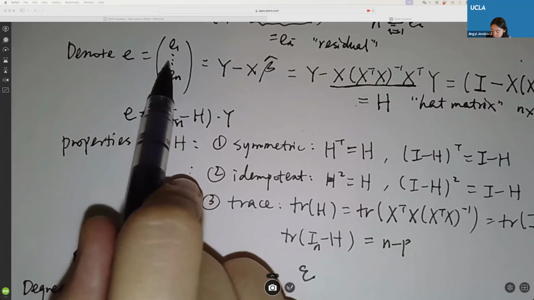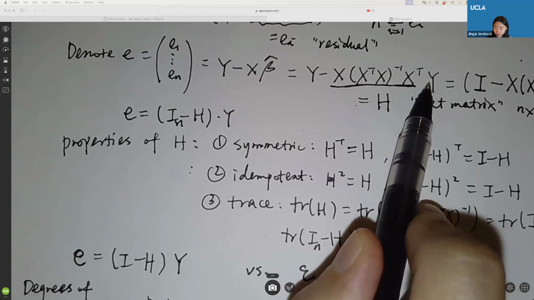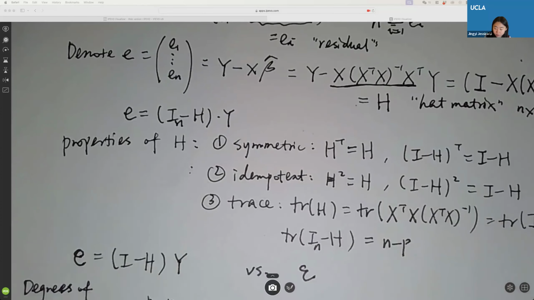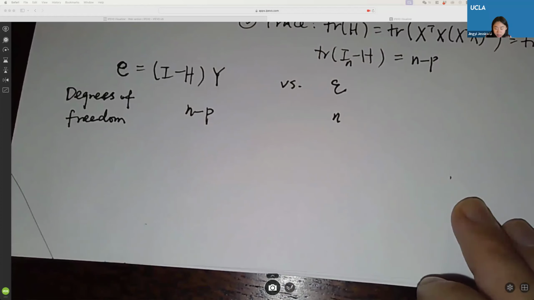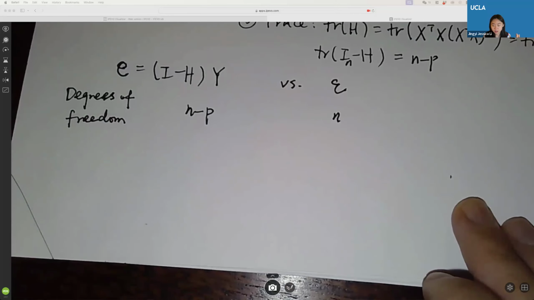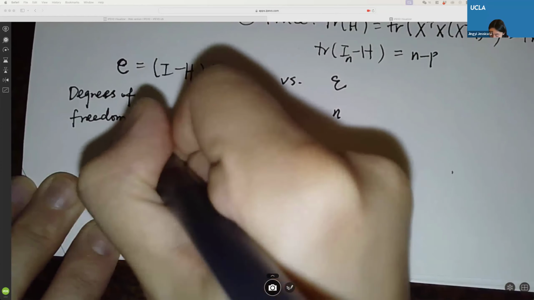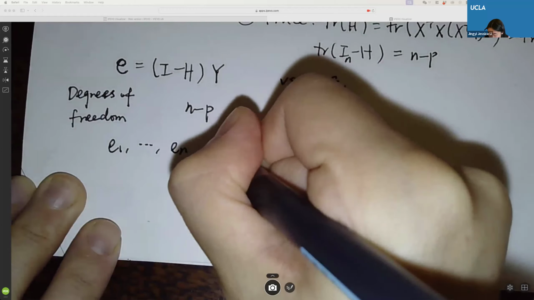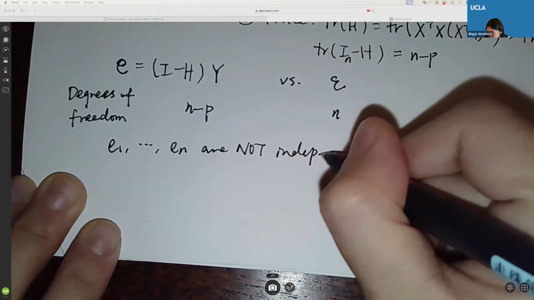If you think about the vector form here, each Ei is basically Yi minus the ith row of the H matrix times the whole Y vector. That's why it involves the whole Y. So this dependence between residuals is another reason why it's very important to distinguish residuals from errors. I want to say that E1 to En are not independent. This is a very important message.